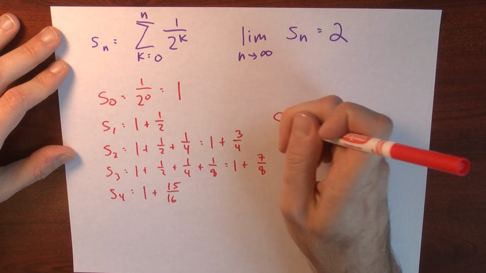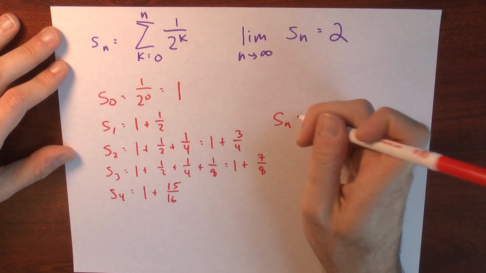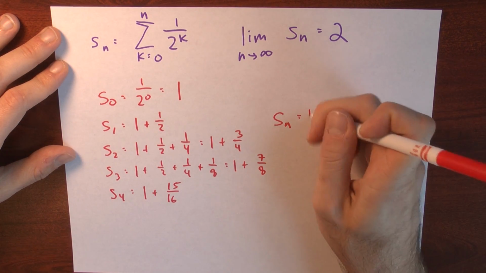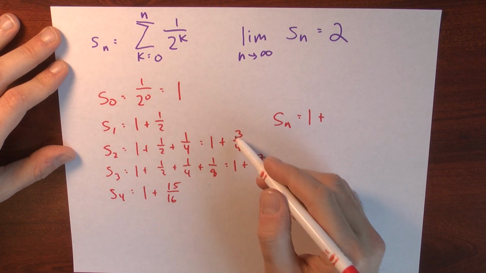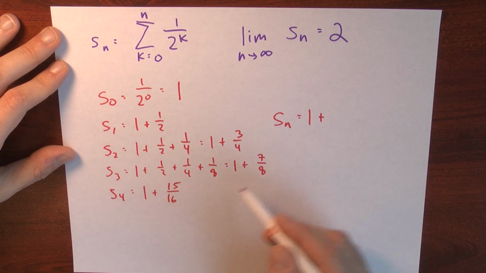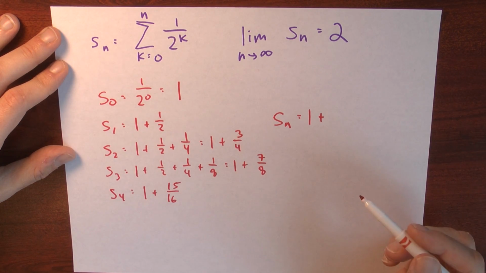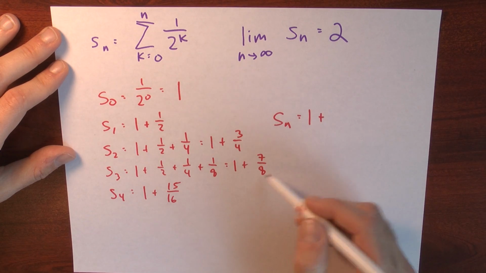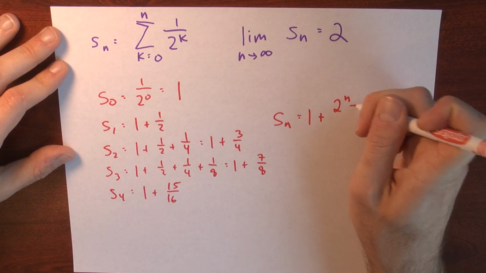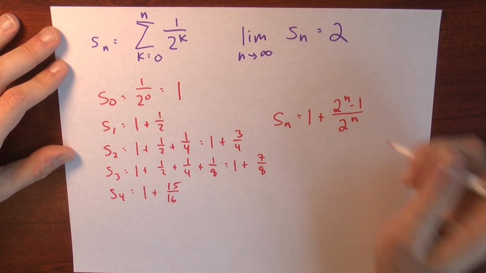So it's perhaps believable, I mean, this isn't a proof, it's just a little bit of evidence, but the pattern is suggesting itself that the nth partial sum is 1 plus a number just a little bit less than 1, and it's the corresponding power of 2 in the denominator and 1 less in the numerator. So I could write that as 1 plus 2 to the n minus 1 over 2 to the n.